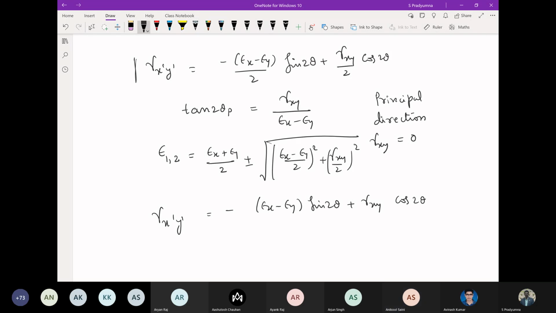Compare these two. That is the question. The second one would be correct, right? Second one is correct. First one is wrong. This is the correct expression. Then there should be by 2 here as well. Yes, sir. You are calculating gamma x dash y dash by 2, not exactly gamma x dash y dash.